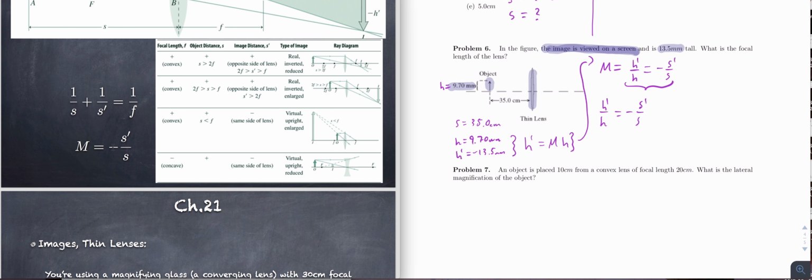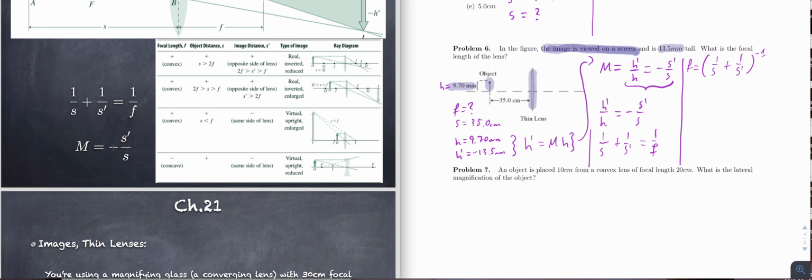So now I have the thin lens equation, 1 over S plus 1 over S prime equals 1 over F. And F is what we're looking for. So I have F is going to equal 1 over S plus 1 over S prime to the negative 1.